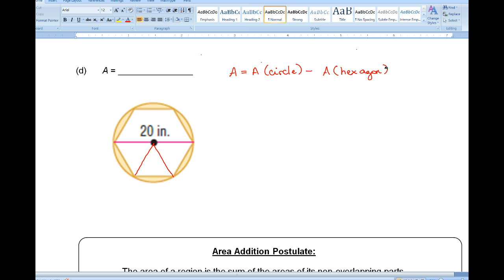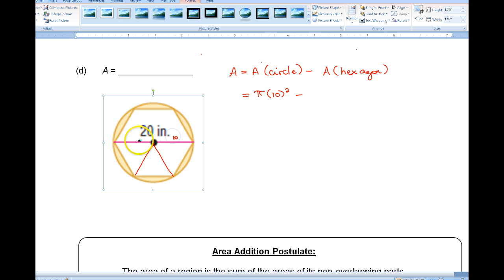Do we have enough information to find the area of the circle? Yeah. I also know how to find the area of the pentagon. If this is 20 all the way across, then each segment to each vertex has to be 10. Good, so that's the radius, so we know pi r squared. Now, do you remember the central angle?